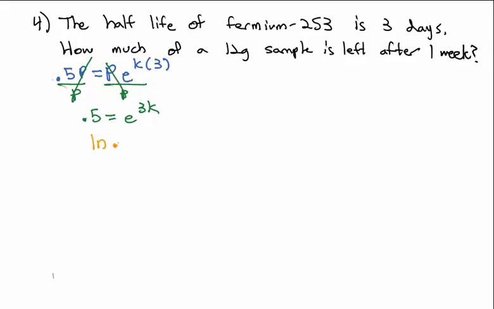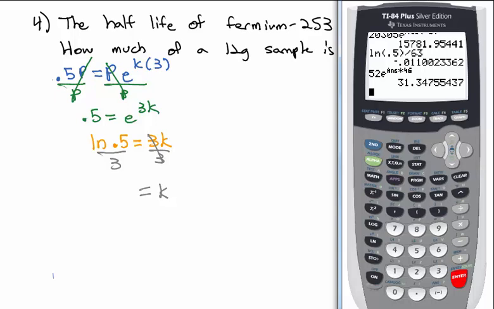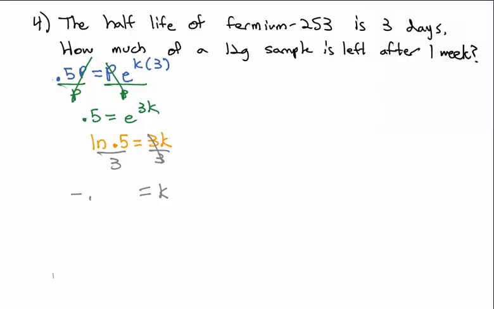Convert this to a natural log of 0.5. That's going to equal the exponent of 3k. And then get the k alone by dividing both sides by 3. On our calculator, we have the natural log of 0.5, close the parentheses, divided by 3, is negative 0.231. Negative 0.231. Decreasing 23% per day, really.